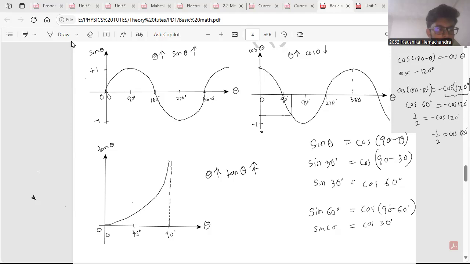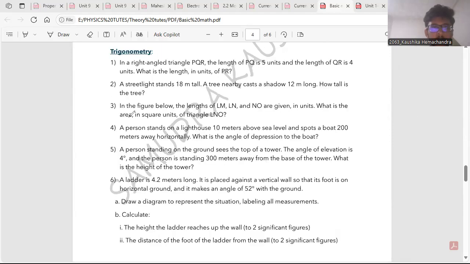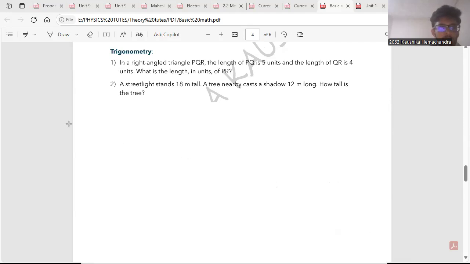So what's the answer for the first question? In a right angle triangle PQR, the length of PQ is 5 units. So it's a right angle triangle like before.